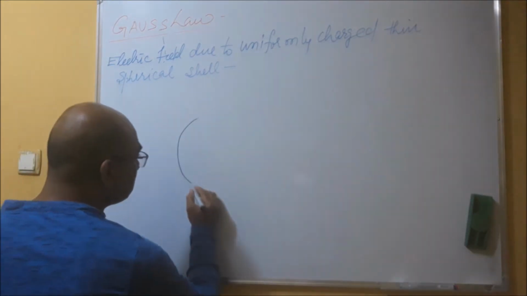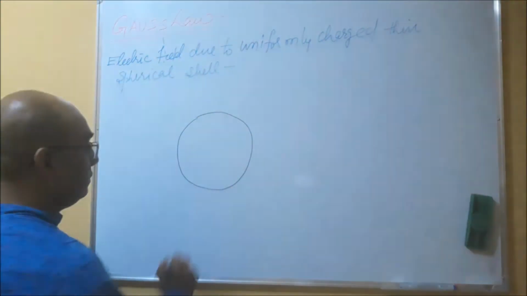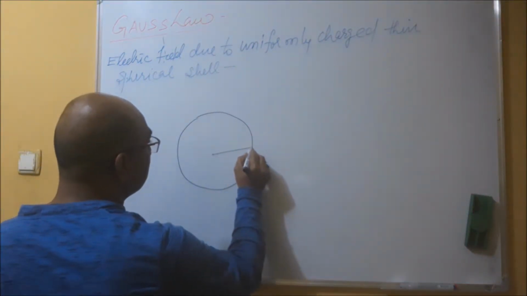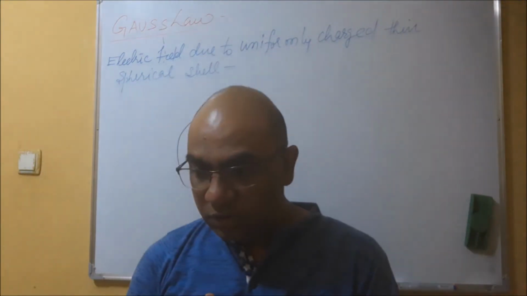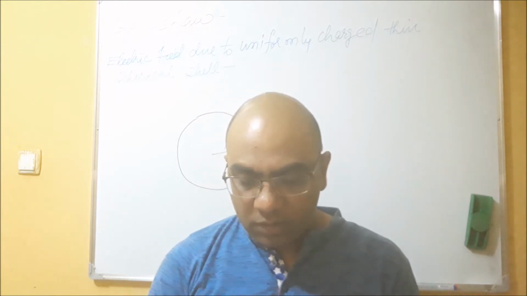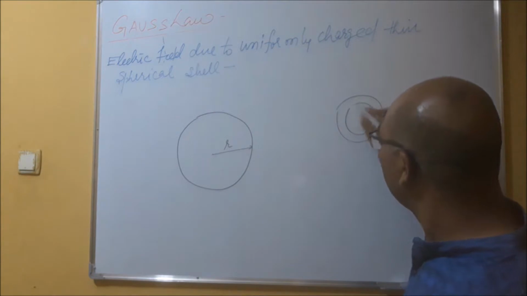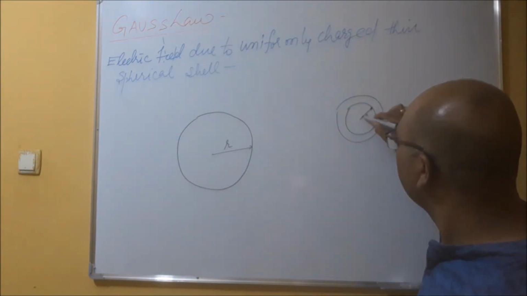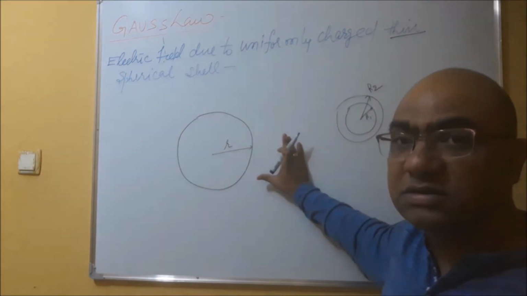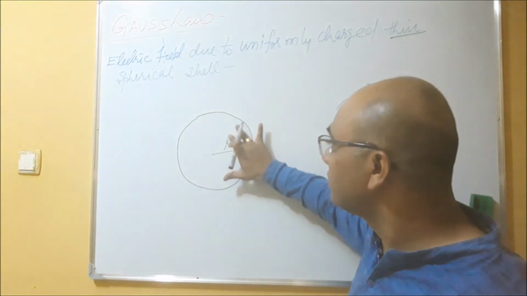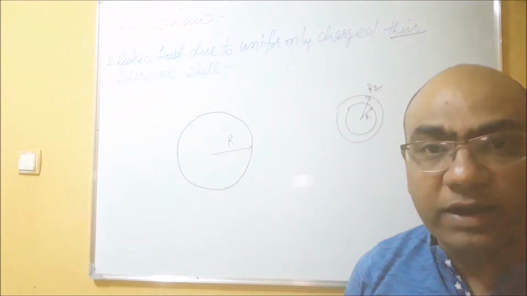Since it is thin, in place of showing R1 and R2, like normally for a shell we define the inner surface and outer surface, if I am saying thin here, I can consider only one surface which is at the distance R from the center, right?